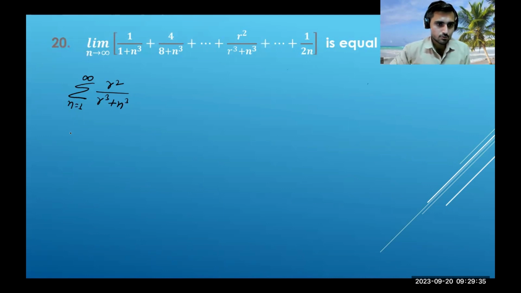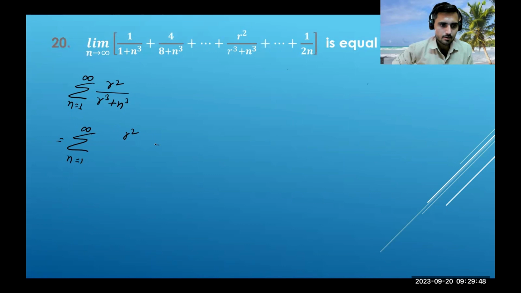So how to solve these questions? First we'll try to write n equal to 1 to infinity. We'll take n cube common, right? So r square and n cube common. So here it will become r upon n cube plus 1.